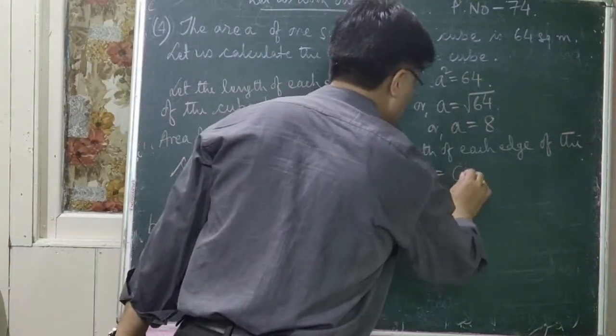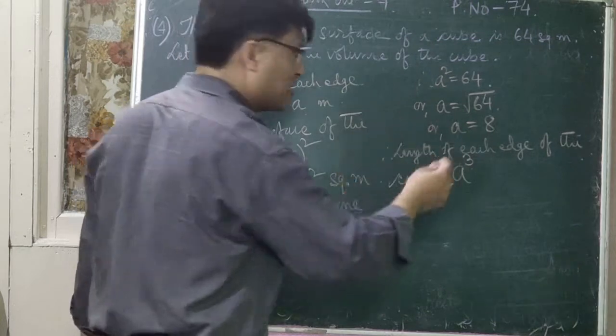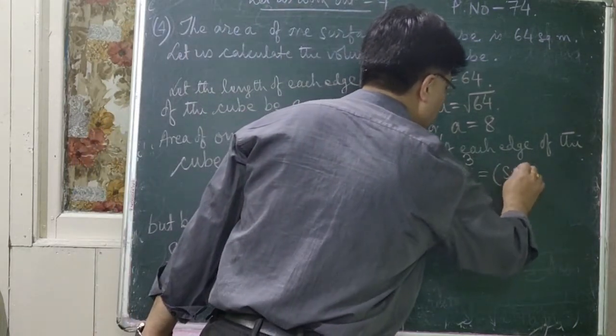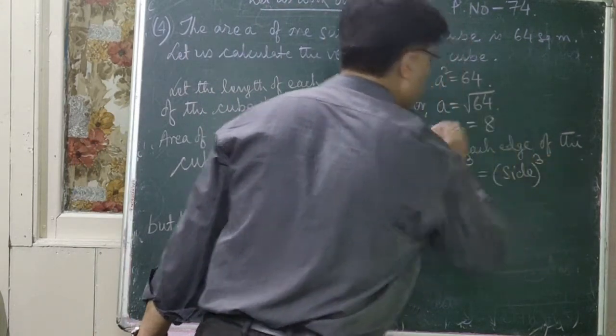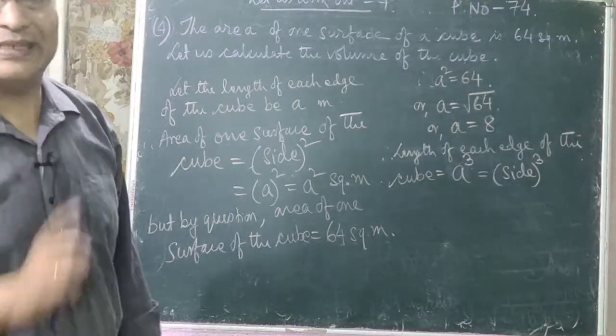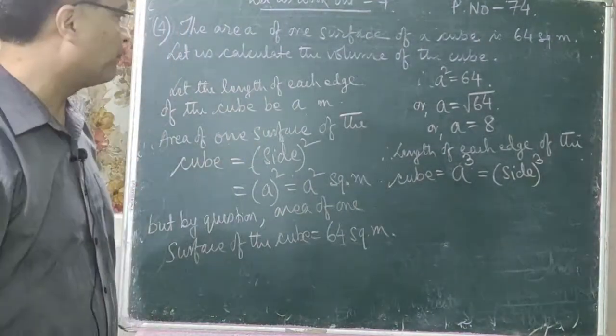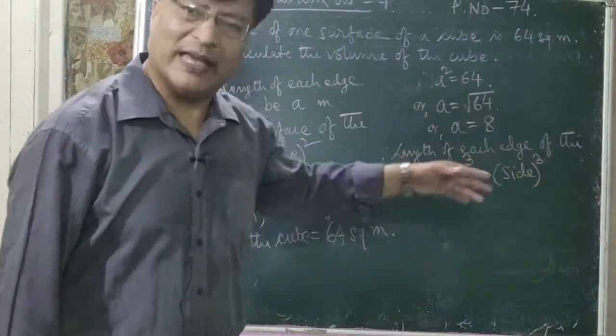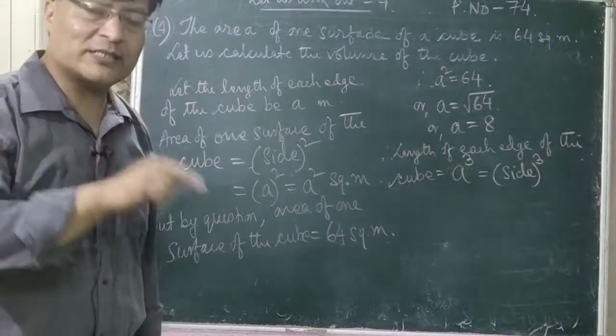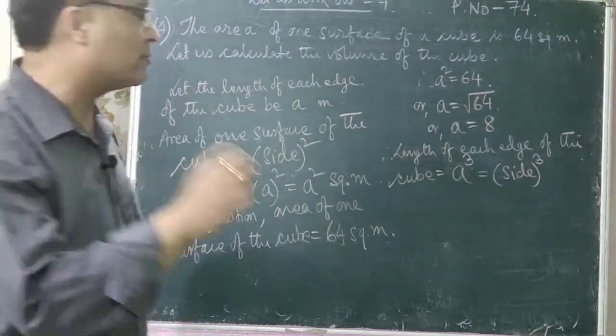A cube, isn't it? A cube, or you may write side whole cube also. Okay, side whole cube. Side भनेको के हो? Length of each edge of the cube. Side whole cube or a cube लेख्दा पनि भयो formula where side भनेको length of each edge of the cube.